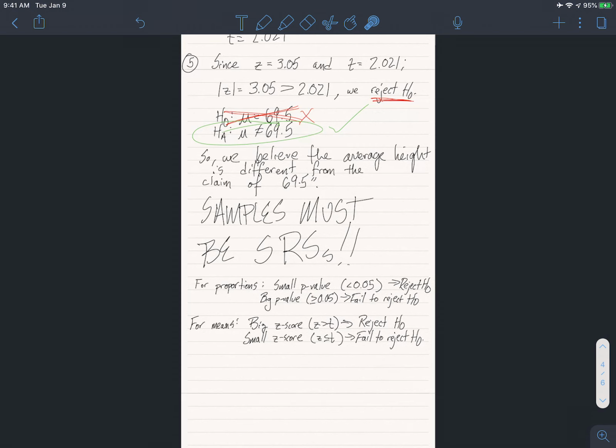All right, I will see you guys next time for correlation and regression, which does require StatCrunch. There's no way to do it by hand. So if you have not gotten StatCrunch yet or access, you need to buy it now.